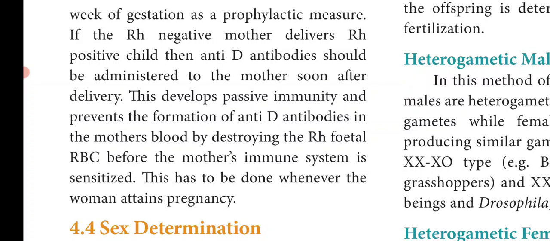So it is a passive immunity. And it prevents the formation of anti-D antibodies in the mother's blood by destroying the Rh fetal RBC before the mother's immune system is sensitized.